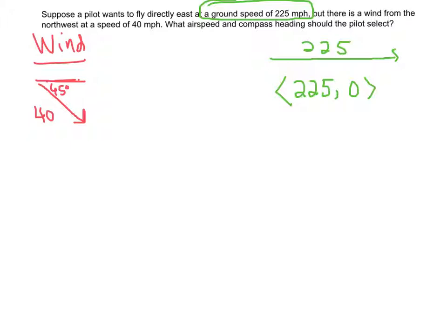And then there is the airplane vector. This vector is going to have to go something like this, because it's got to negate the downward force of the wind so that we can go due east, and it's got to be traveling to the right so that we can get up to 225 miles per hour.